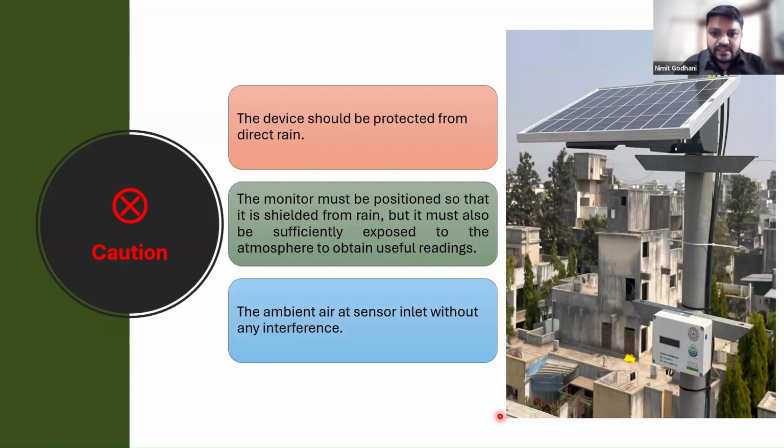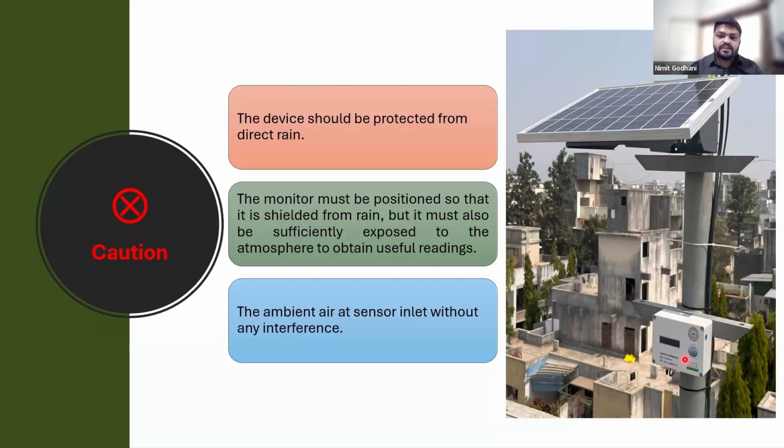In this case, the box we have installed is already a waterproof and rainproof box. But as I showed you earlier, an air vent is required for the inlet of the PM concentration, so you cannot hide or block those parts.